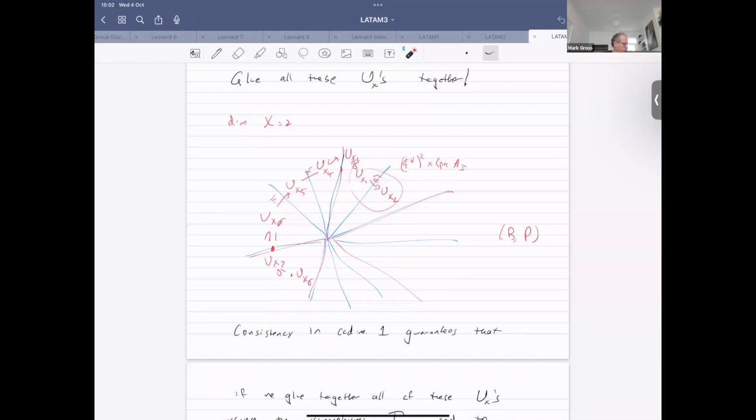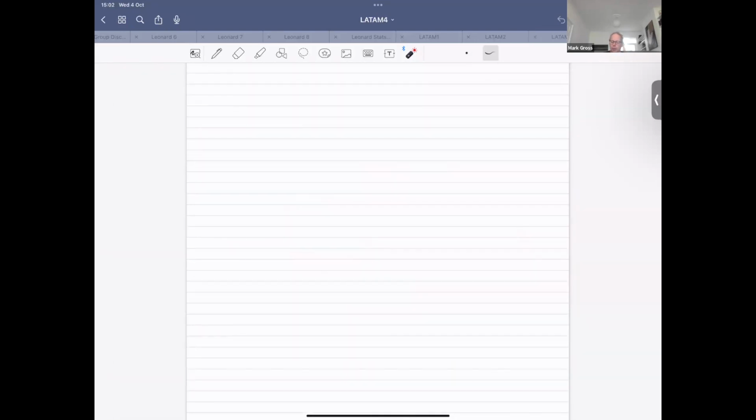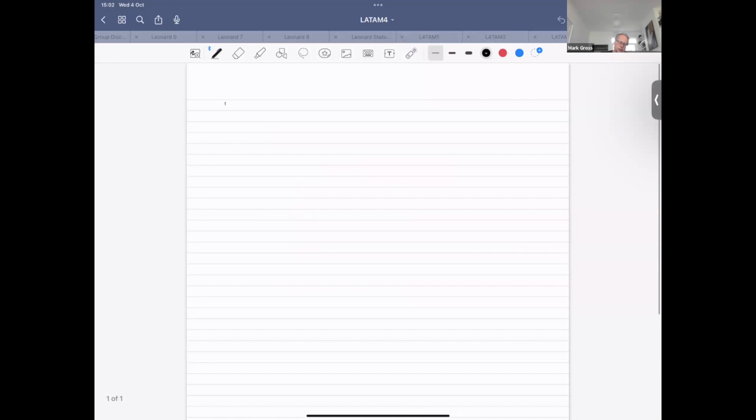So let me try to do one running example, which is to go back to this example where we blow up P1 cross P1. So we start with P1 cross P1. We choose a point over here, and we blow up this point X, and we get something that looks like this.